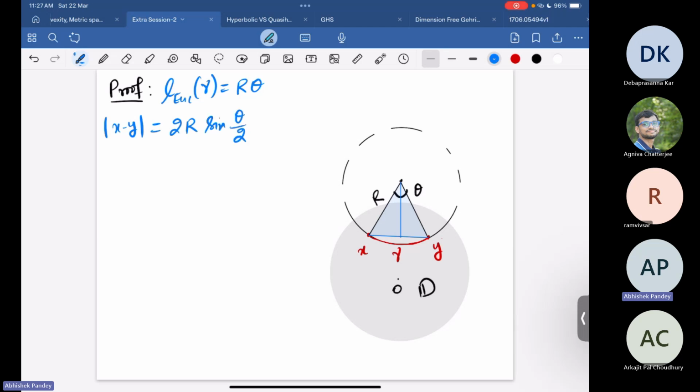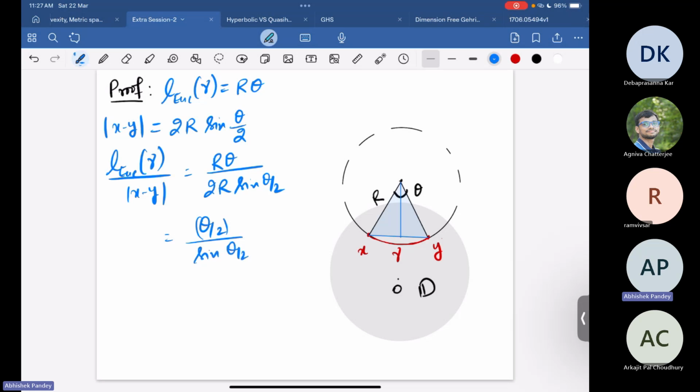Then length of gamma upon modulus of x minus y is theta upon 2r sine theta by 2, which is theta by 2 upon sine theta by 2, where theta is from 0 to pi, and this is less than or equal to pi by 2. So we have the desired inequality.